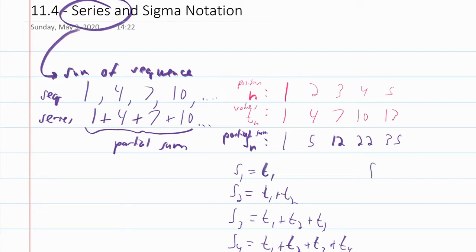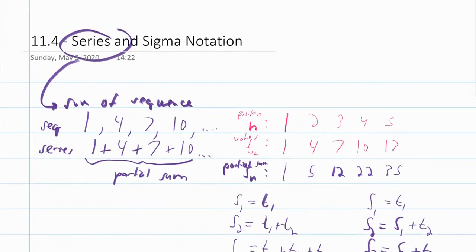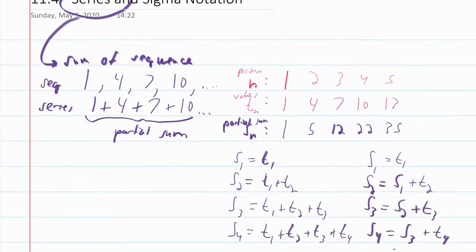Another way to think about it, if S sub 1 is T of 1, this can be defined recursively, which means that S sub 2 is equal to the first sum plus the second term. S sub 3 is equal to the second sum plus the third term. S sub 4 would be equal to the third sum plus the new term, the fourth term, and so on. So this is what's defined and denoted as a series.